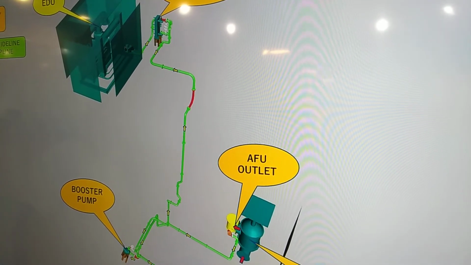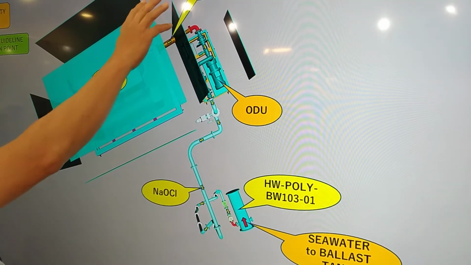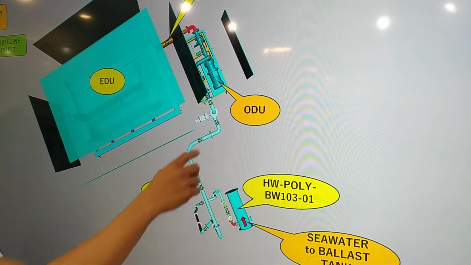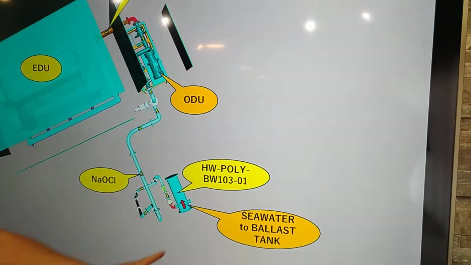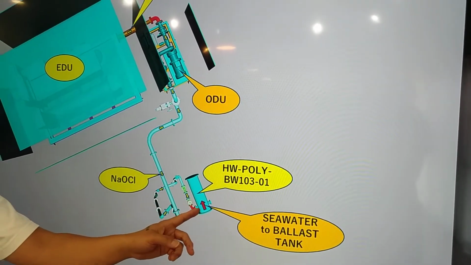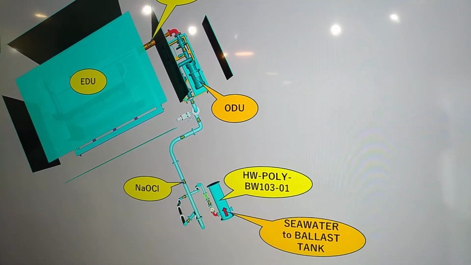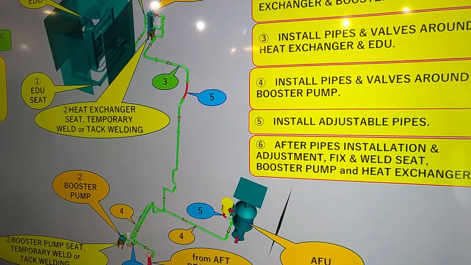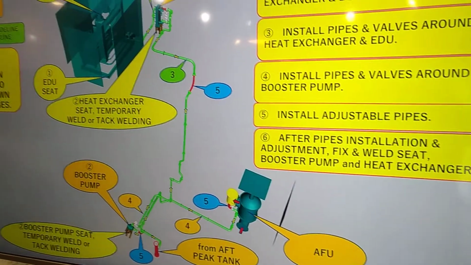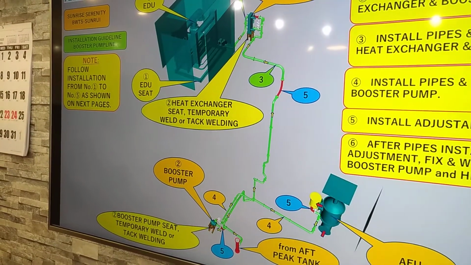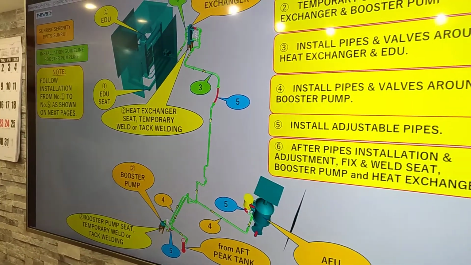Yes, and then from EDU we separate the sodium hypochlorite and then pump that going to your injection point. So seawater and chemical sodium hypochlorite will be mixed for treatment. So now we understand now the flow of the system. Any questions so far? Any additional?